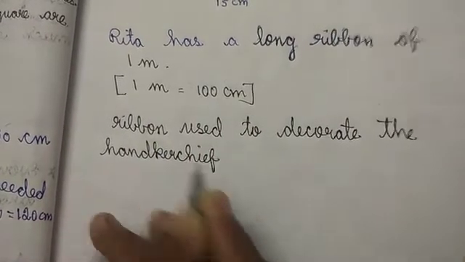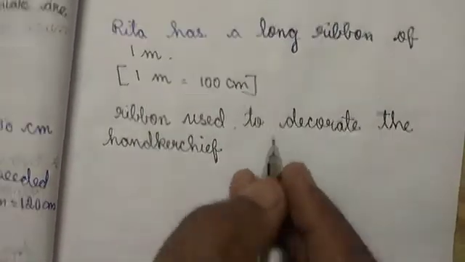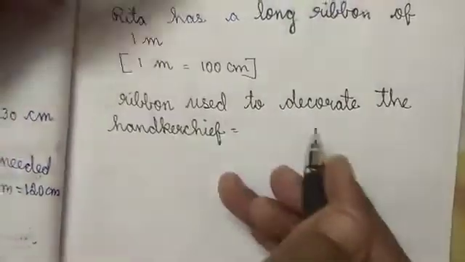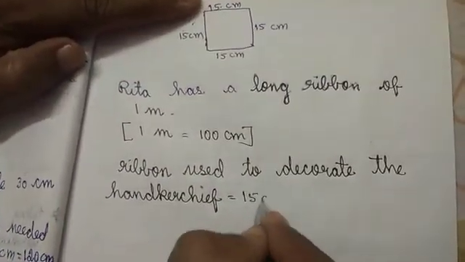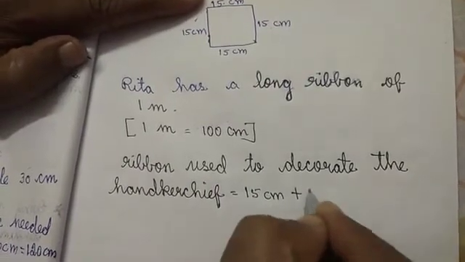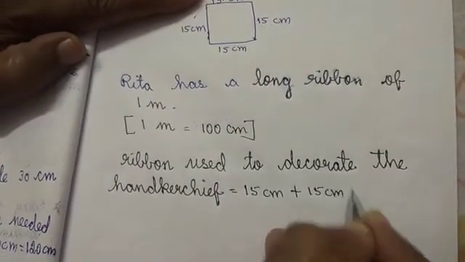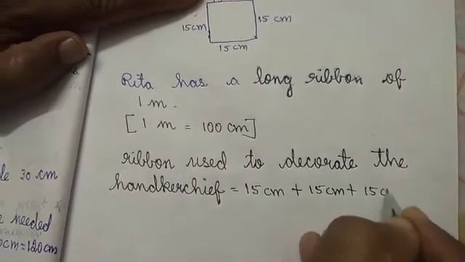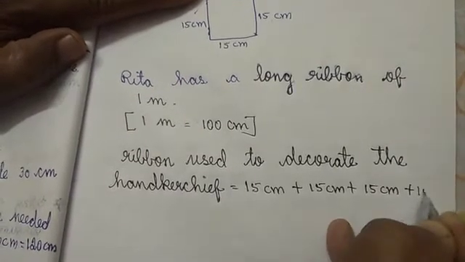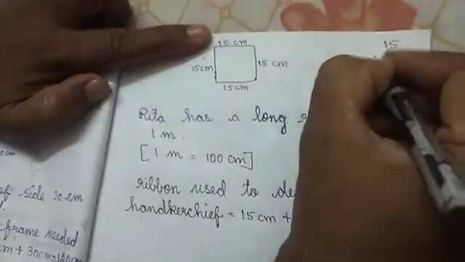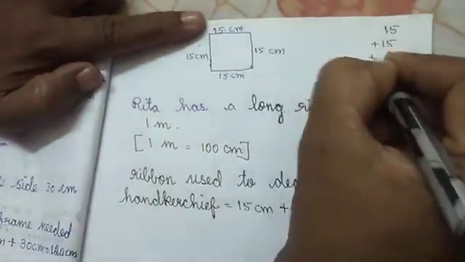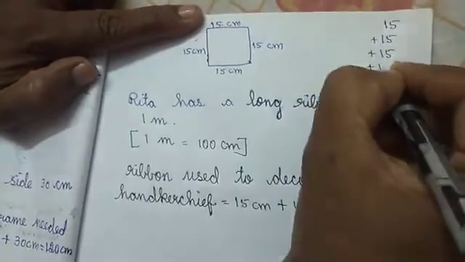So the ribbon used to decorate the handkerchief is what, children? See, can you see what centimeter they have given here? 15 centimeters. So 15 centimeter plus 15 centimeter plus 15 centimeter plus 15 centimeter. You have to find out. So you can write like this and you can add. Otherwise it will be very hard for you.